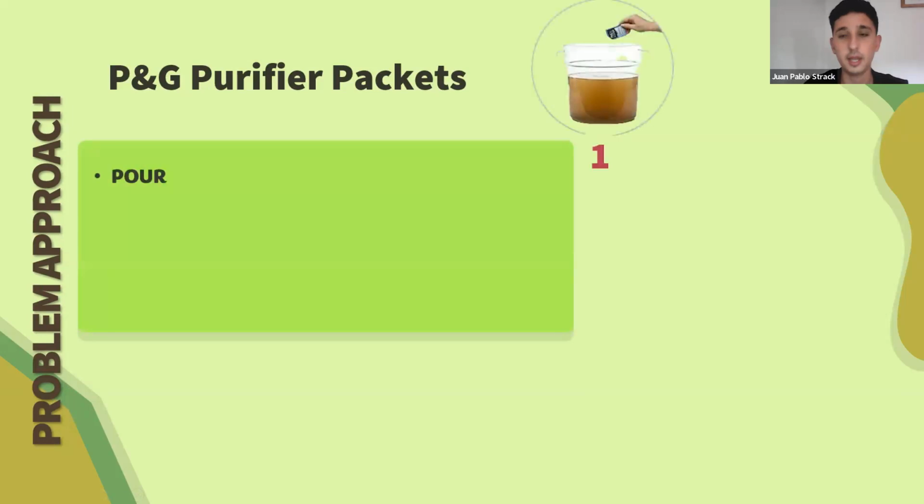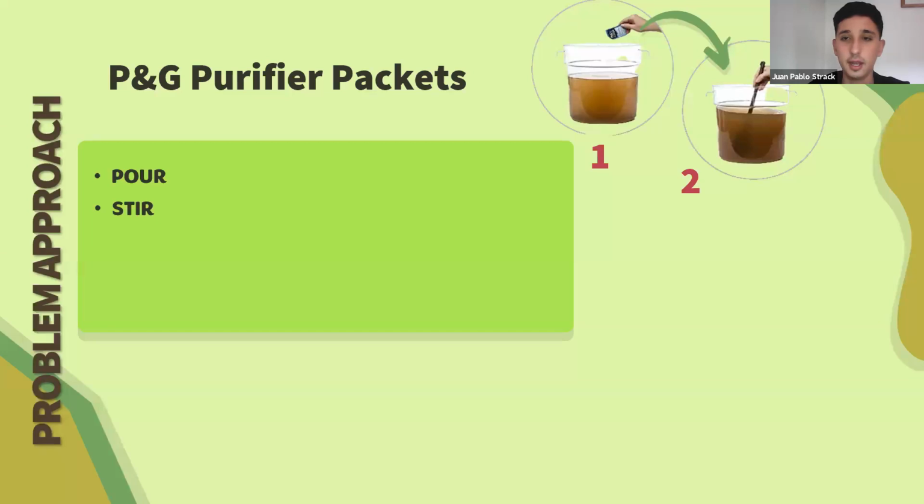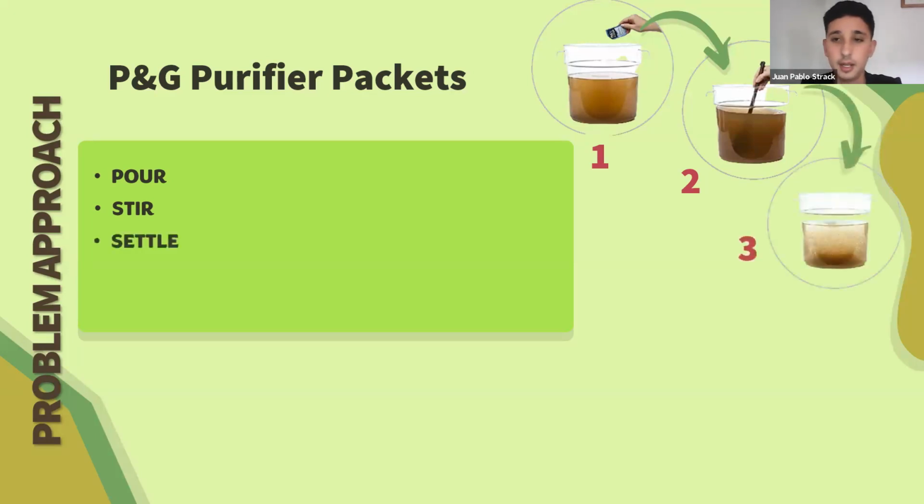To obtain clean and drinkable water using this technology, first the content of one packet has to be poured into 10 liters of dirty water. Then the solution of the powdery material of P&G and the dirty water has to be stirred in order to mix the components, and then we have to wait until the particles settle at the bottom of the bucket, because the dirty particles will separate from the water and settle at the bottom.